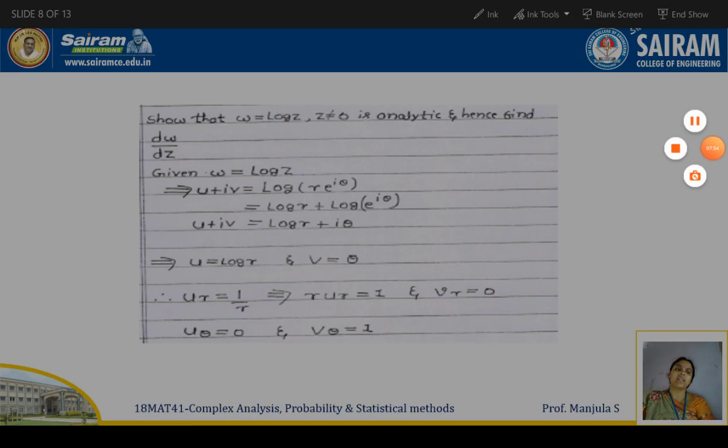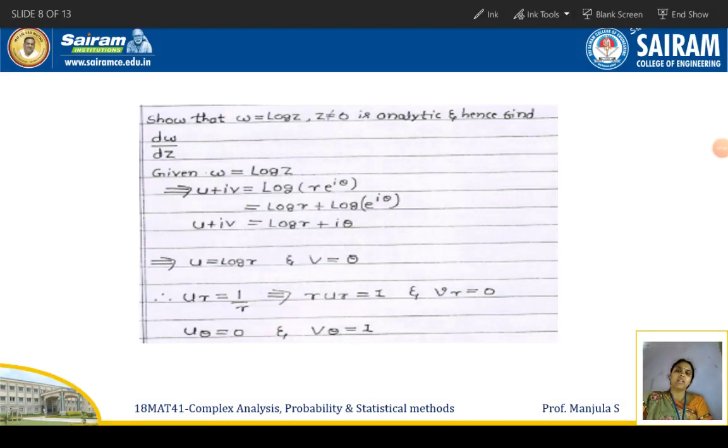Now we'll see one more problem: show that w equals log z, where z is not equal to 0, is analytic, and hence find dw by dz. Given w equals log z, w stands for u plus iv. If you replace z as x plus iy, it is very difficult to get the real and imaginary parts, so I am trying the polar form, that is r into e to the power i theta.